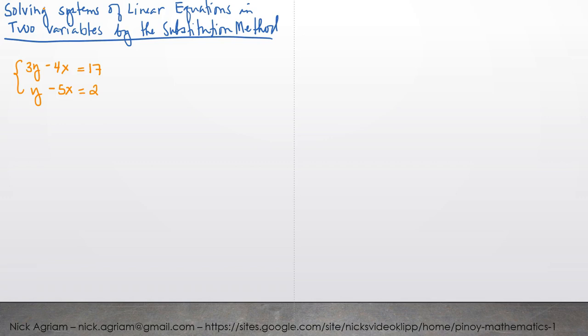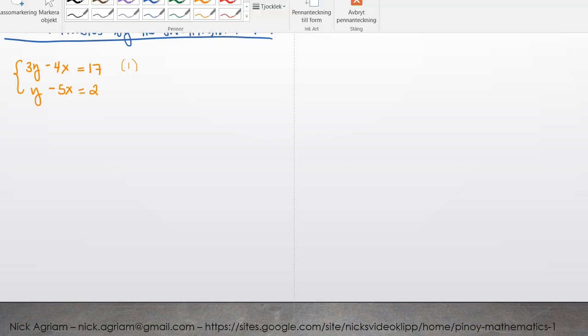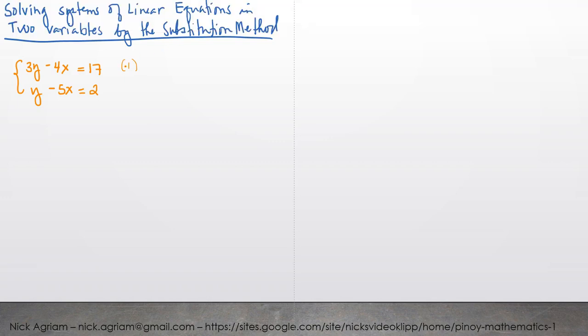Okay, so how to do it is you choose any of these equations and then express one of the variables as a single variable on the left side of the equation.